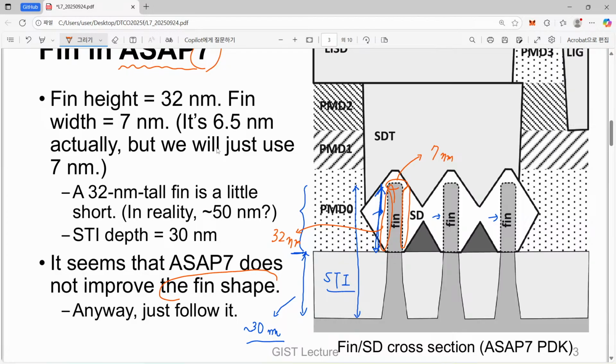It means that this 7 nanometer wide and 32 nanometer tall fin is actually the fin of our previous technology, like 14 nanometer technology, 22 nanometer technology. So they assumed that maybe the fin will be just kept as before and just shrink different parts.